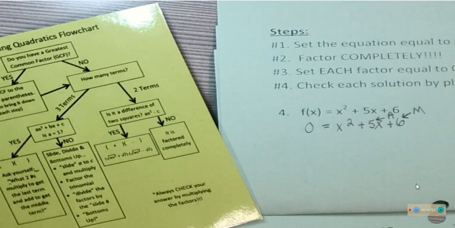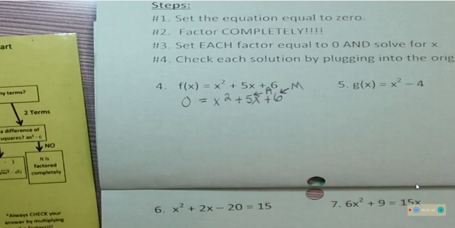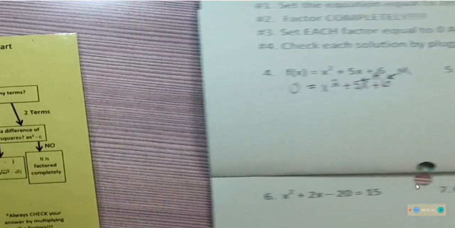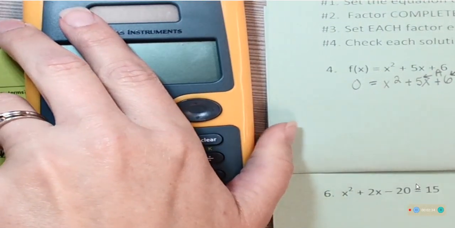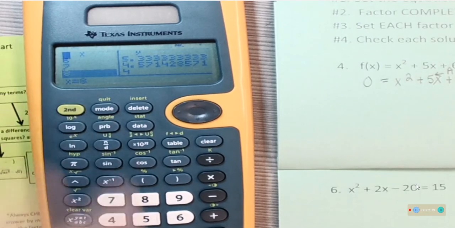Because remember, some of y'all are really good at factoring. Some of us are not so good at factoring. So I need to make sure that we slow down and we're thinking about what we're getting. How do I figure out what multiplies to give me 6? Well, I could just start dividing stuff, but I've got my calculator. How can my calculator help me?